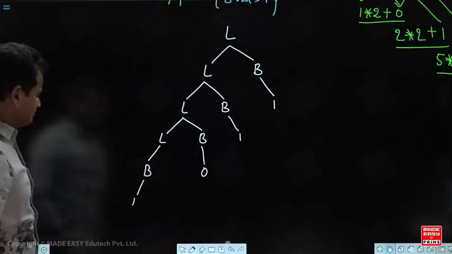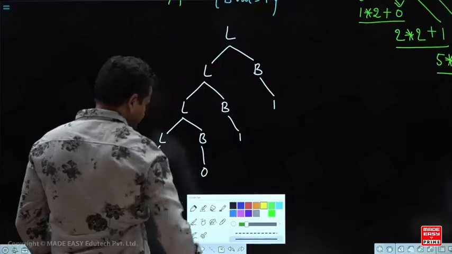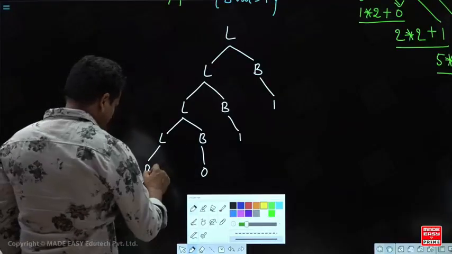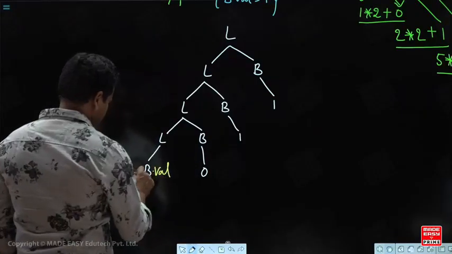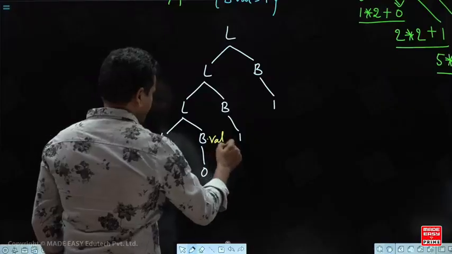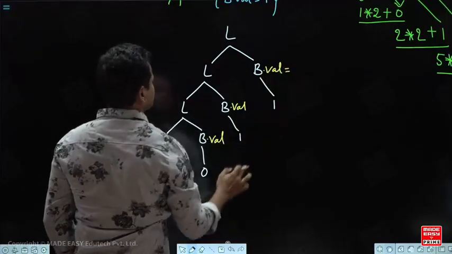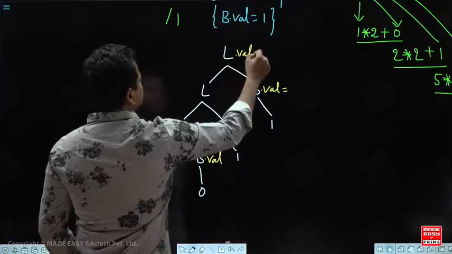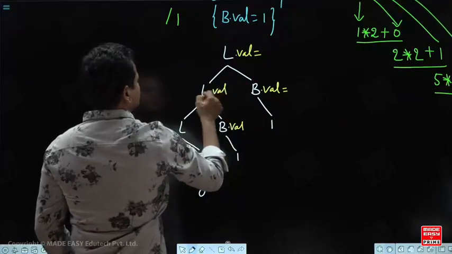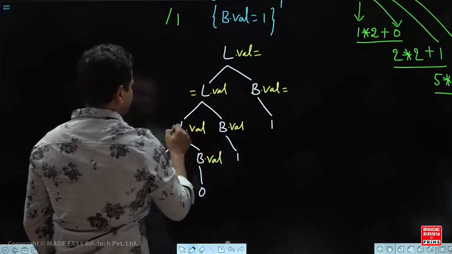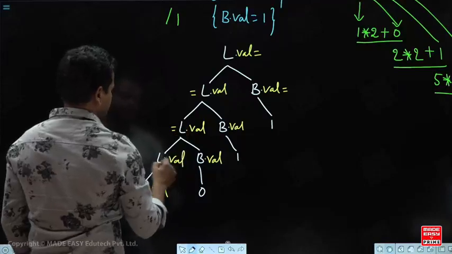Okay. Now B dot value, B dot value, and L dot value at each node.